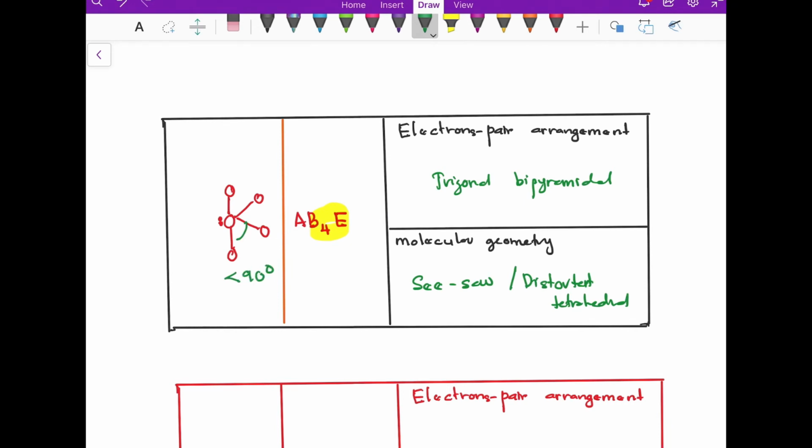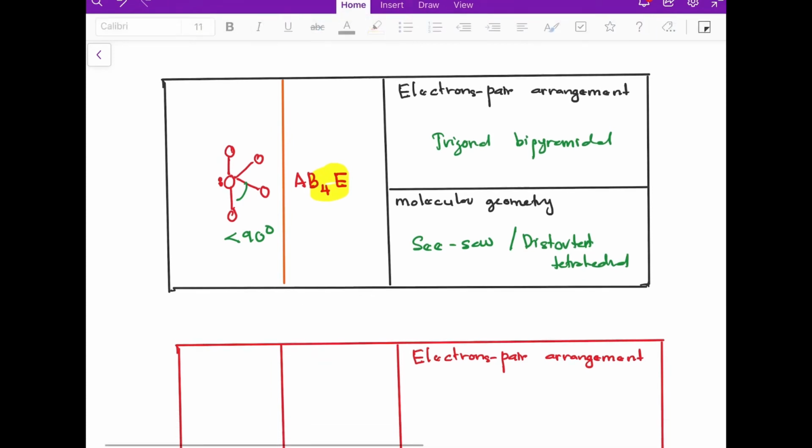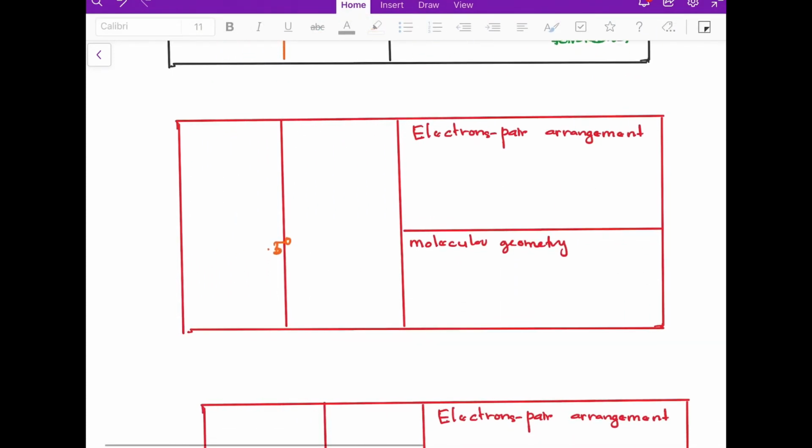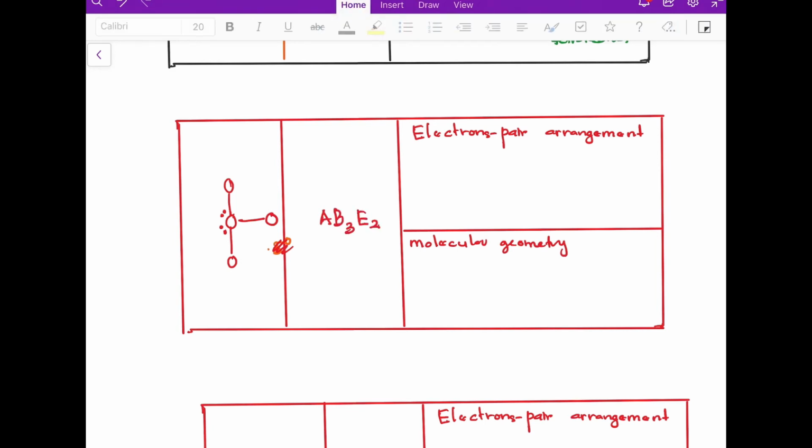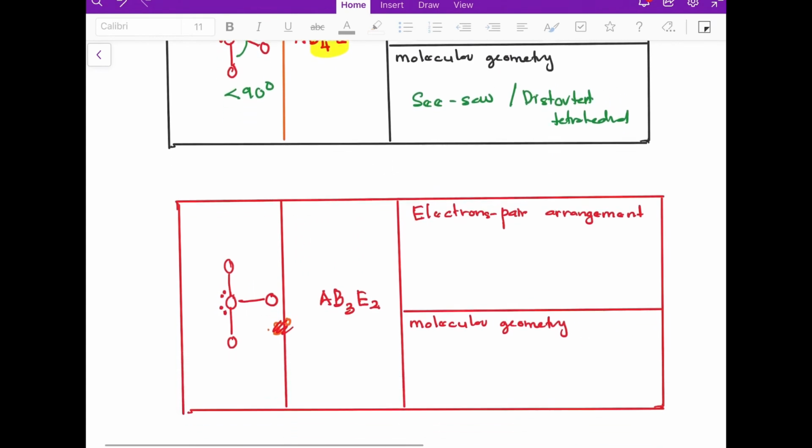If we replace another atom with a lone pair, we will have this kind of shape. The lone pairs will be located on the horizontal line, and this is another bonding atom. The general formula is AB3E2.